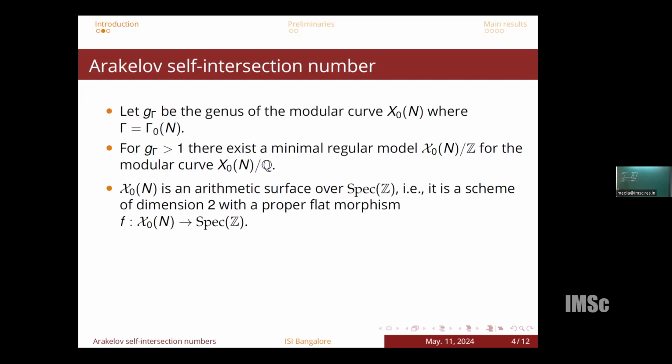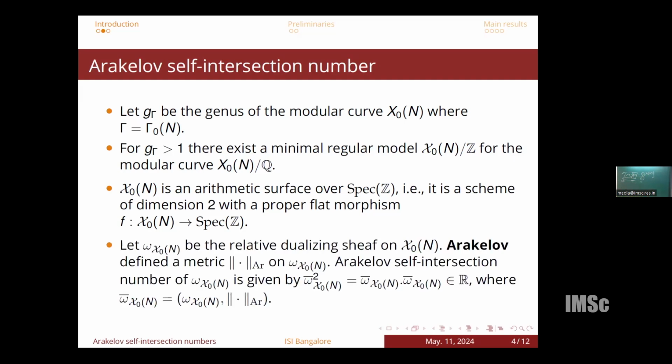We can compactify this by adding a point at infinity, and over infinity the special fiber is a Riemann surface, which we denote X0(n)(C). Suppose we have two horizontal divisors in the arithmetic surface; we say that these two divisors intersect at infinity.